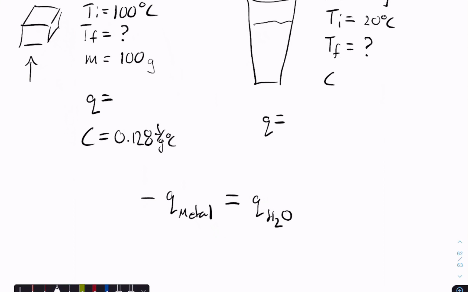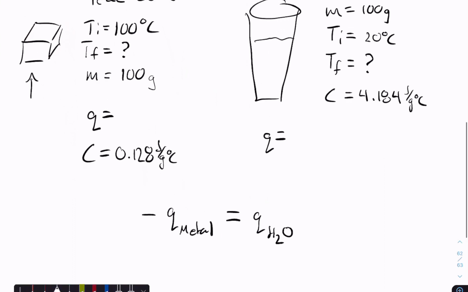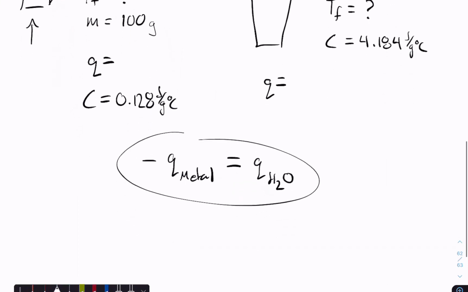And our C for water is going to be, this is a little bit different from the problem tonight, but that's okay. And I'm not going to work out this whole thing right now, but keep this idea in mind. So if we can calculate Q for the metal, we're missing one thing.